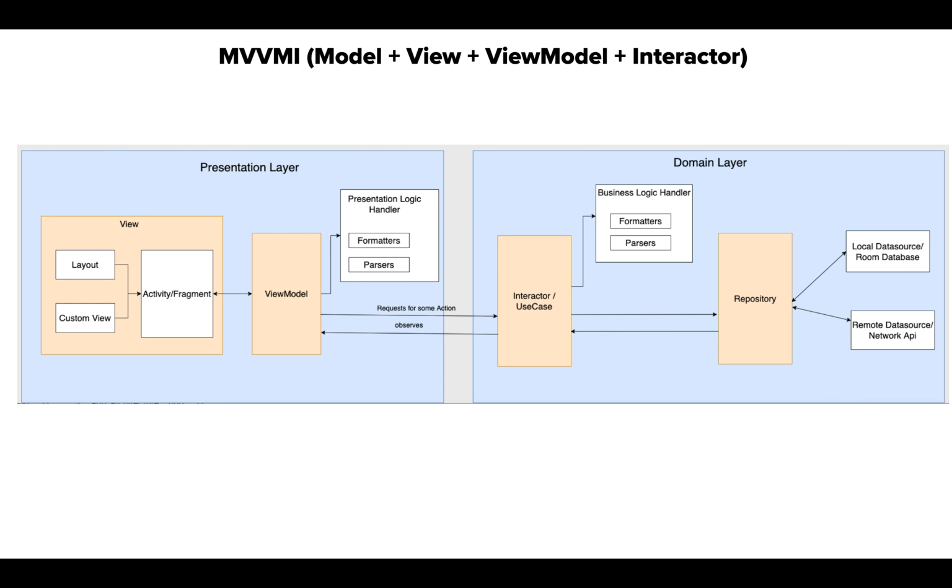So the additional or boilerplate code will increase, but it can scale. MVVM covers 70% of scenarios, while MVVMI covers almost all scenarios. So our aim should be to achieve clean code or testable code. Thank you.